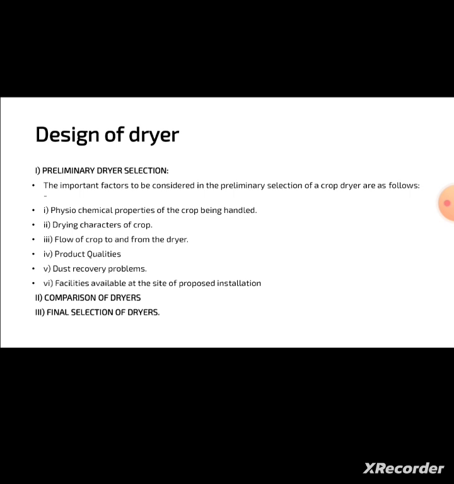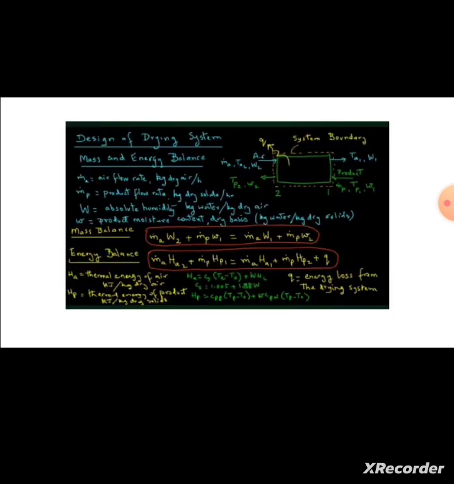Those things need to be determined, and product qualities need to be determined in the preliminary dryer selection, and the comparison of dryers is done in economical ways, and then final selection of dryers will be done.